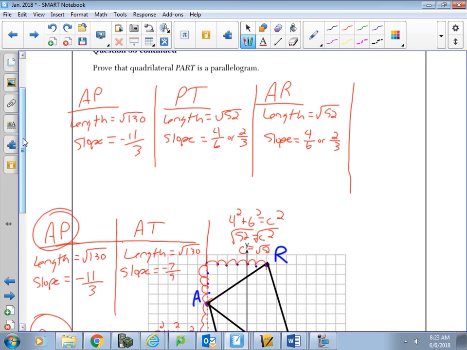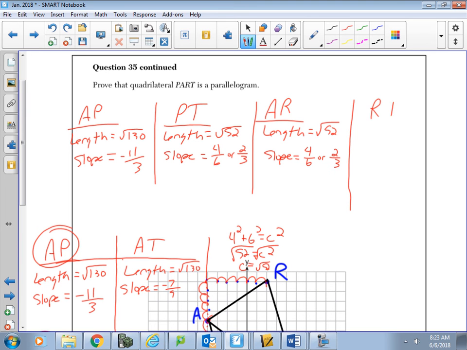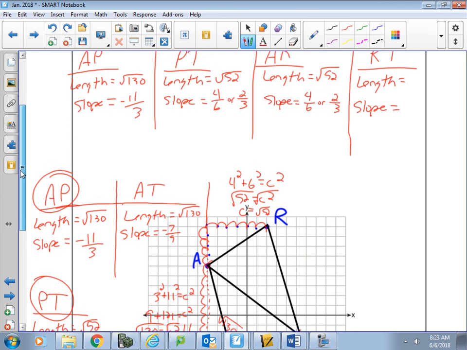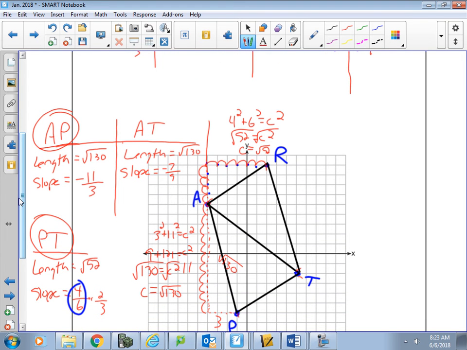And our last side is going to be RT. So let's find RT here, the length and the slope. All right, so from R to T, you have to go down and over, or over and down. Either way, you have to go down, right? Nope, I didn't go over enough. That's actually here and then here. So that's negative 11. This is 3.